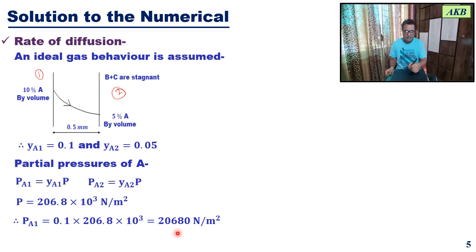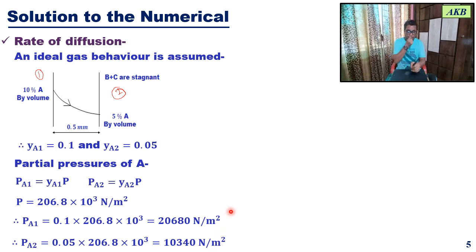Then second is in the same way you have to get Pa2. So Pa2 is Ya2 into P. Ya2 is 0.05. So 0.05 into 206.8 into 10 to the power 3, that comes out to be 10,340 Newton per meter square. Okay. Why we are taking pressure in Newton per meter square, that is Pascals?